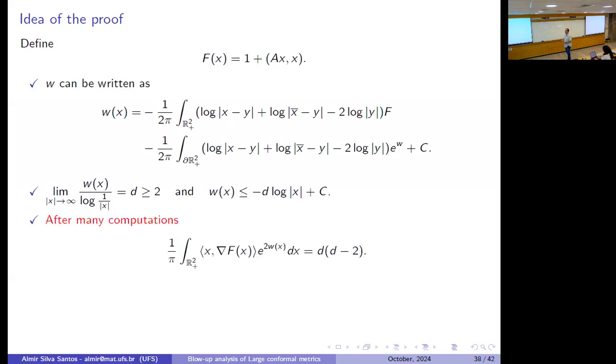And then after many computations, we find that this integral is equal to d minus 2, but by our assumption that the metric is negative, we find a contradiction. This integral is negative, but it has to be positive. It's a contradiction. In this way, we finish the proof of this case.